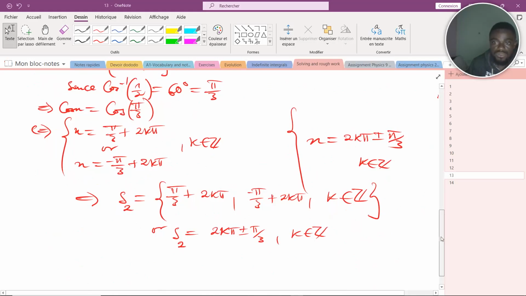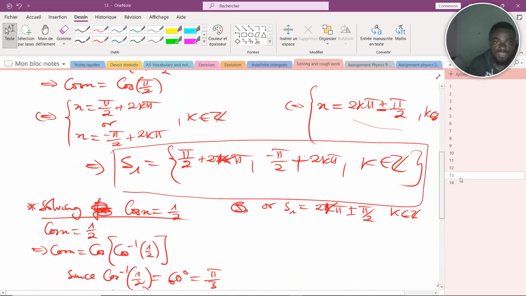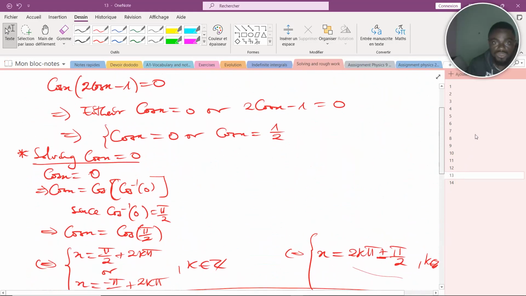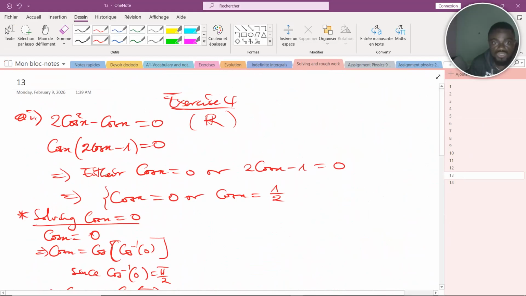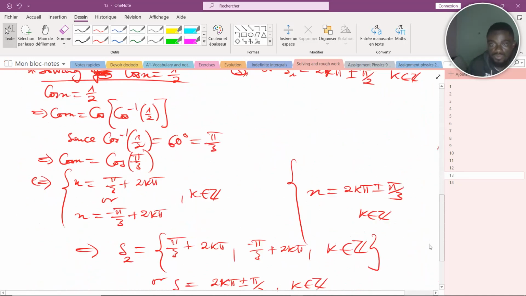Is that okay? Now you have to find the general solutions, because the solution to this equal to 0 was either this is equal to 0 or this is equal to a half. You get what I'm saying? So this all means union. So I solve this and I do the union with the solution of this. Is that okay?